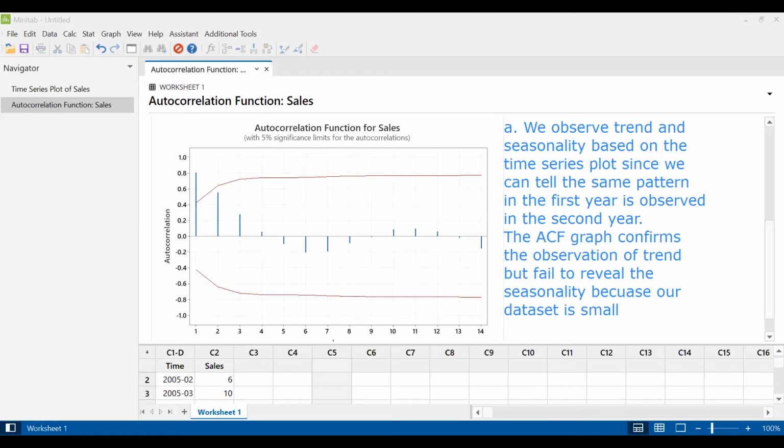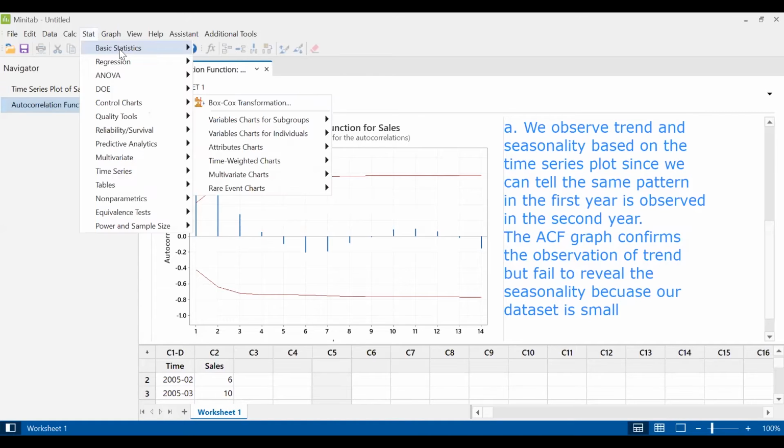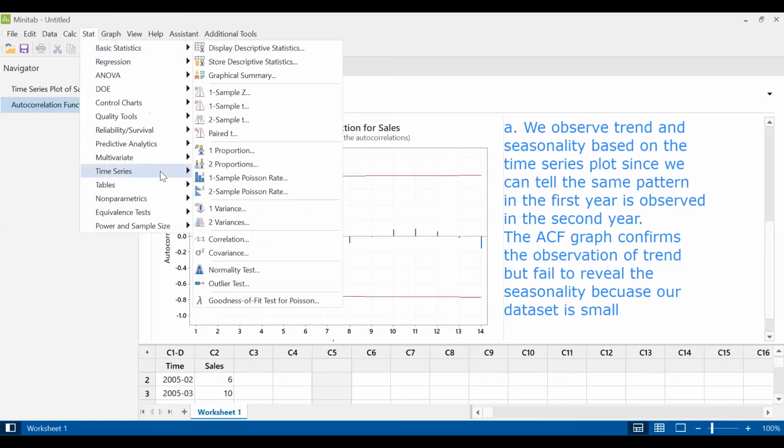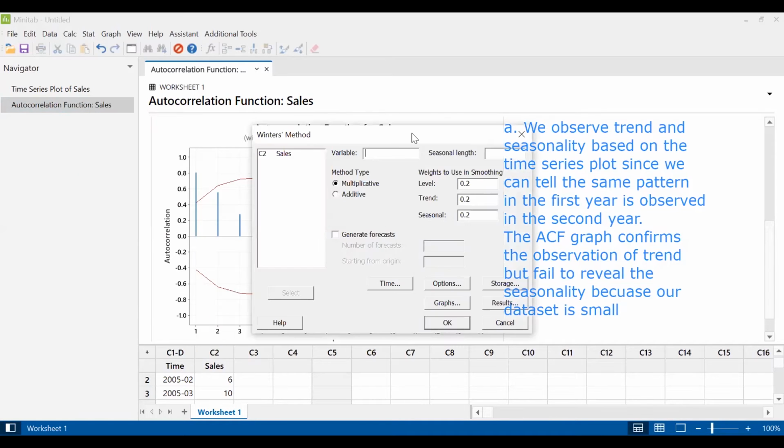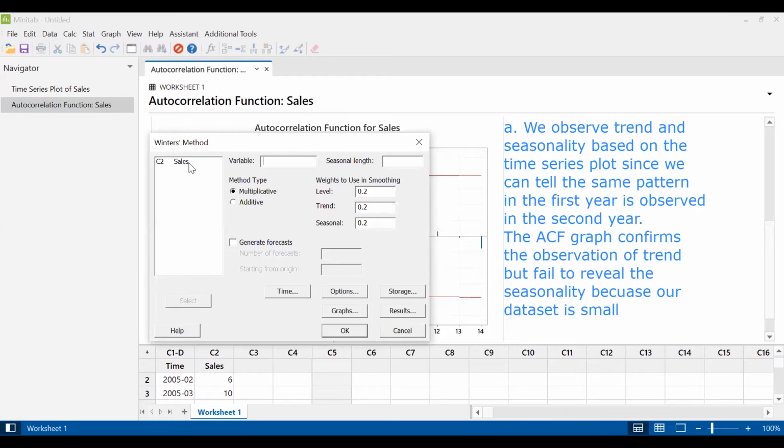Okay, for part B, we want to run the model we picked, and based on our observation, we will go for the Winters method. So go to Stat, Time Series and pick Winters method. The variable is Sales. The seasonal length will be 12, okay?